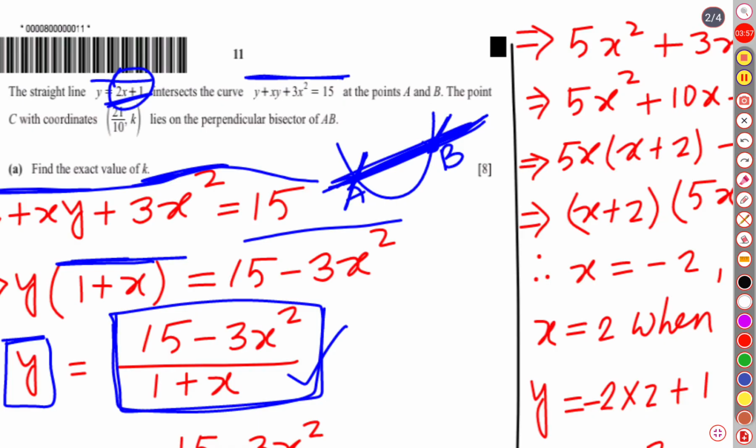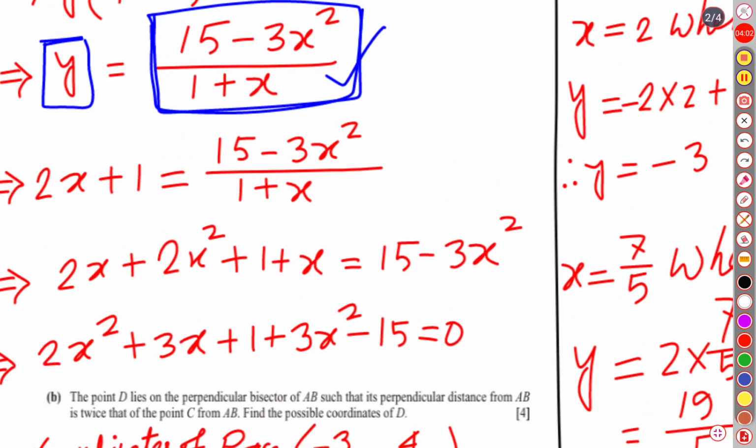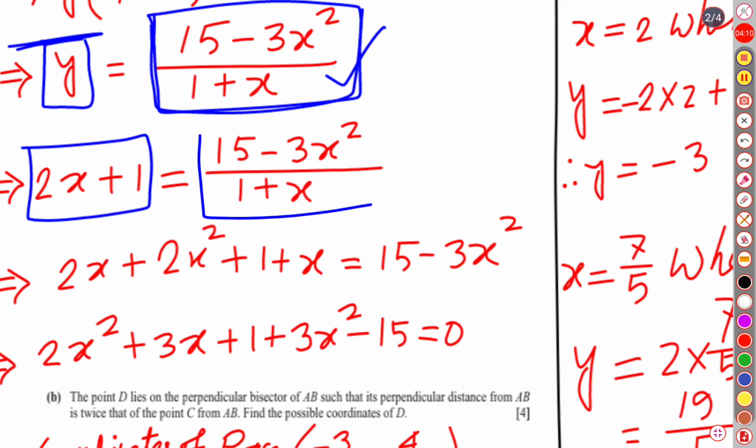So instead of y on the left side, we have written the equation of the straight line. The equation of the straight line must be equal to the equation of the curve, because they are intersecting each other. Well, then let me erase these unnecessary parts.